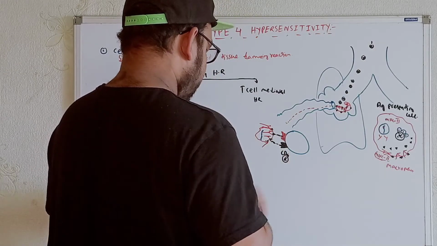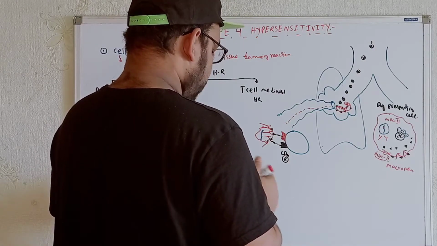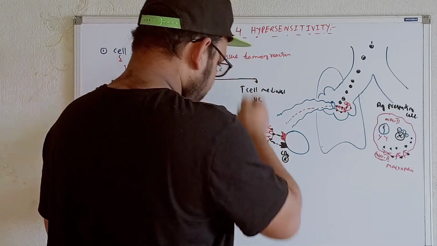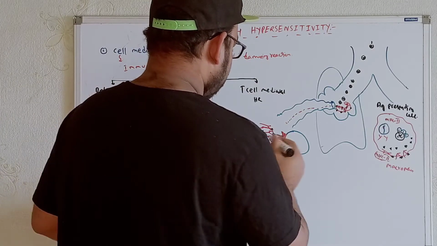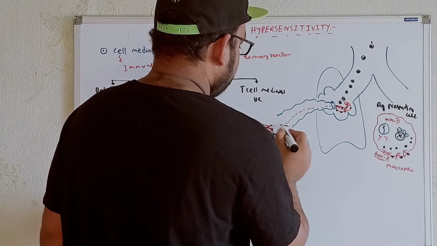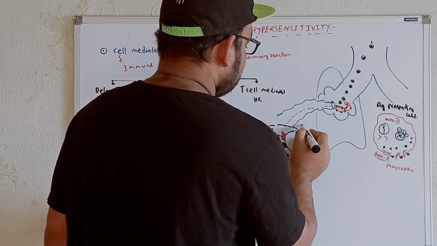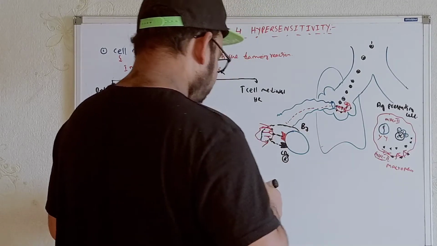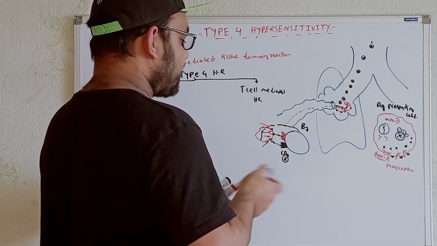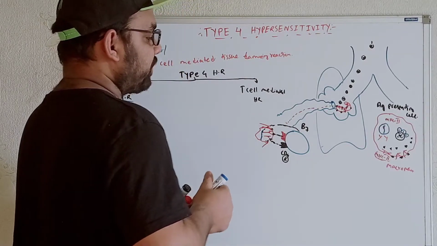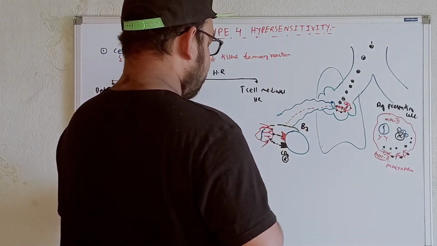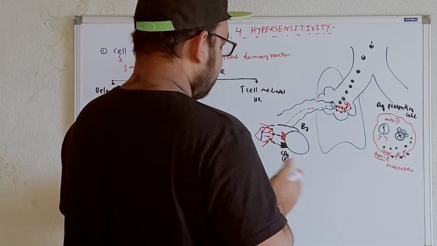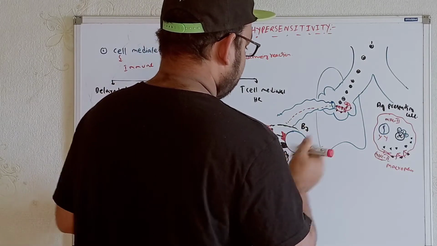One type of co-stimulator is known as B7. From here, the co-stimulation that reaches over here is known as B7, and for B7 there is a different receptor present on the T cell, known as CD28. So we get the CD28 for the B7.